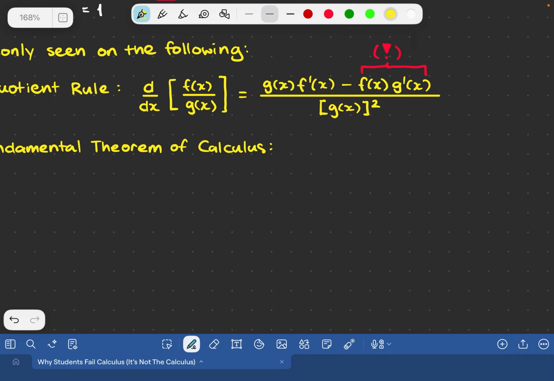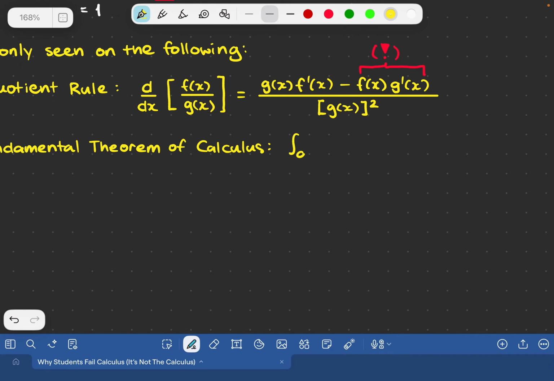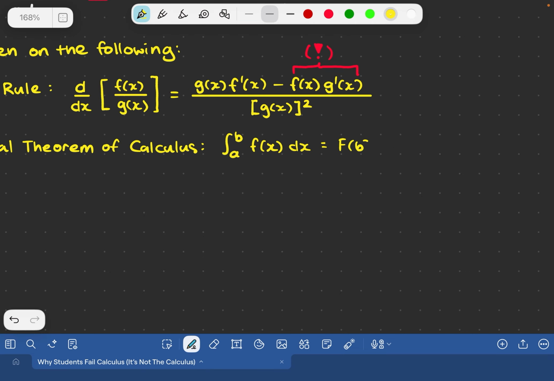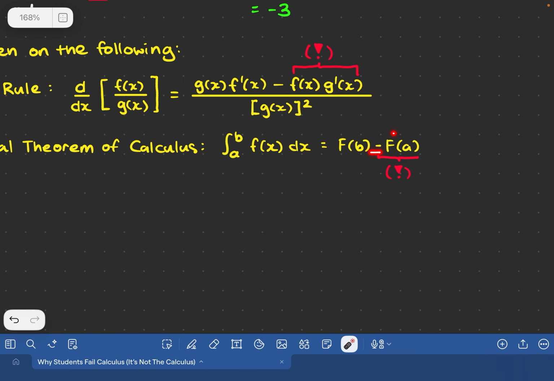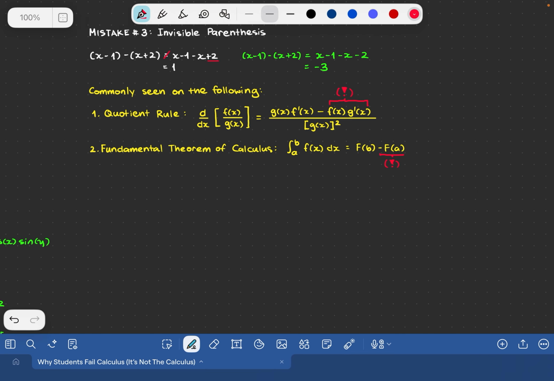In particular, it arises when we have the integral from a to b of f of x dx, and you'll obtain its form to be F of b minus F of a. The error arises out here, and that is because, again, we have minus a certain expression. So yeah, that arises most commonly there.